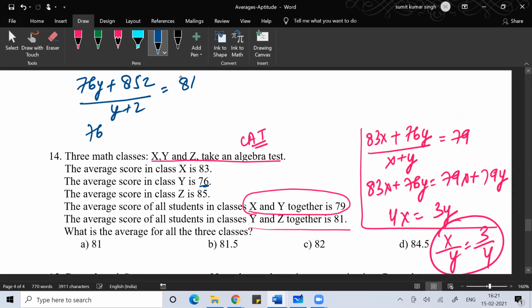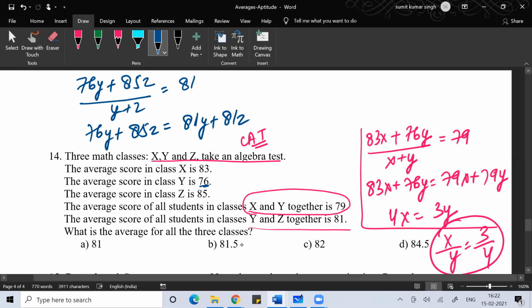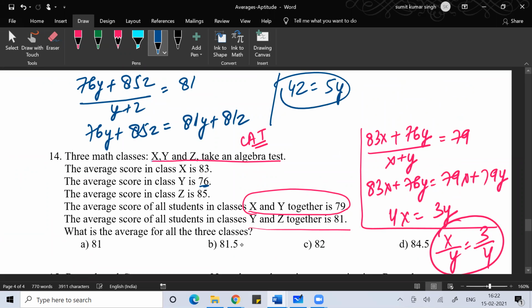So I can write 76y plus 85z is equal to 81y plus 81z. So I can write this as 4z is equal to 5y. I can say y by z is equal to 4 by 5.